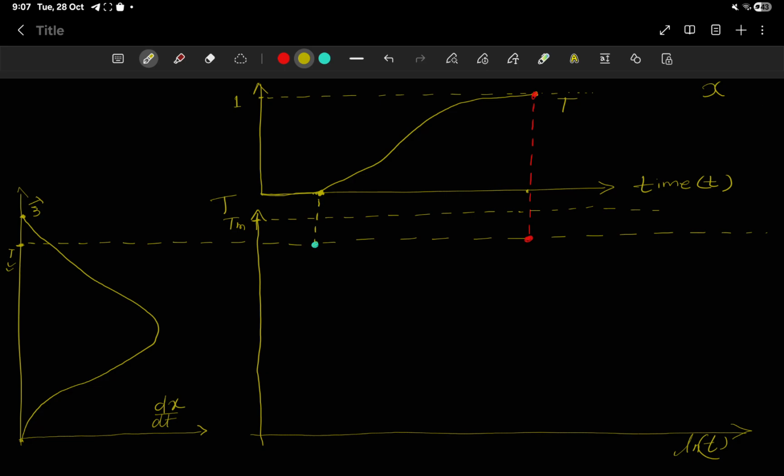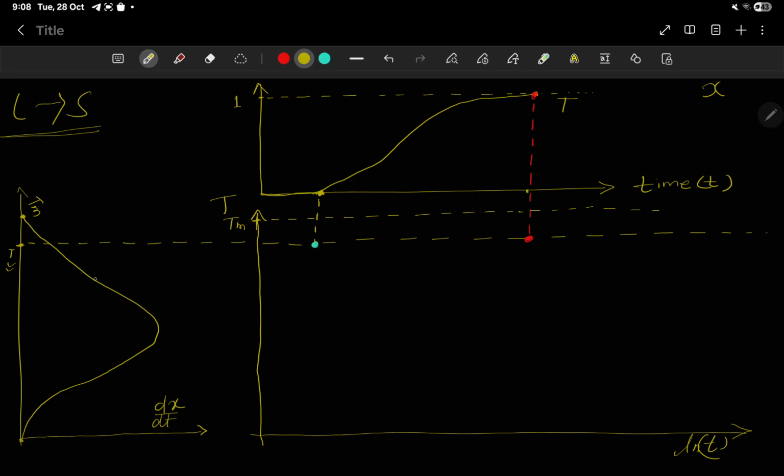Below Tm we get the transformation from liquid to solid.